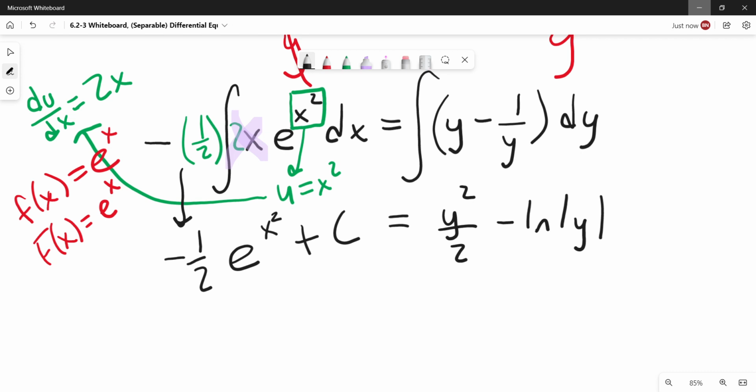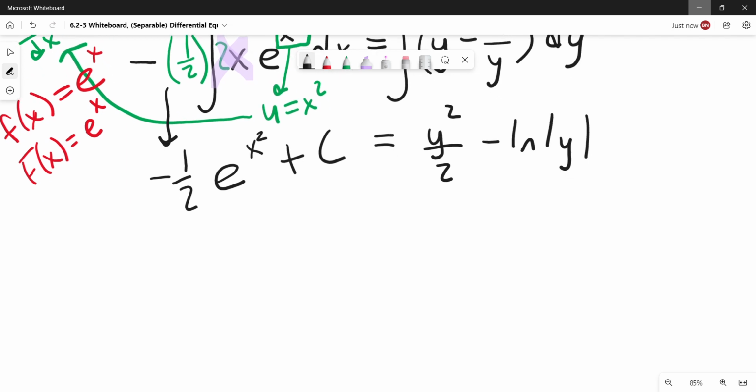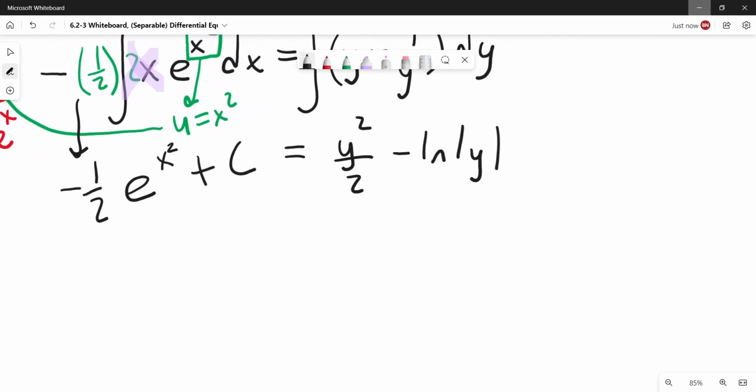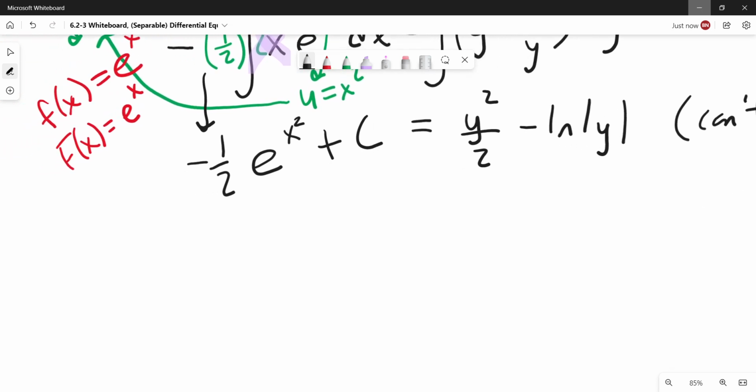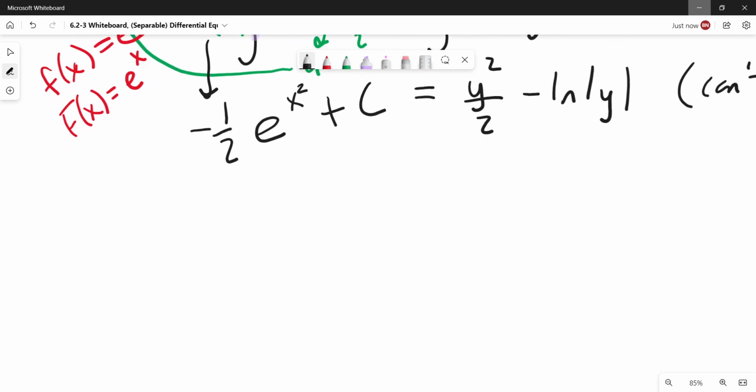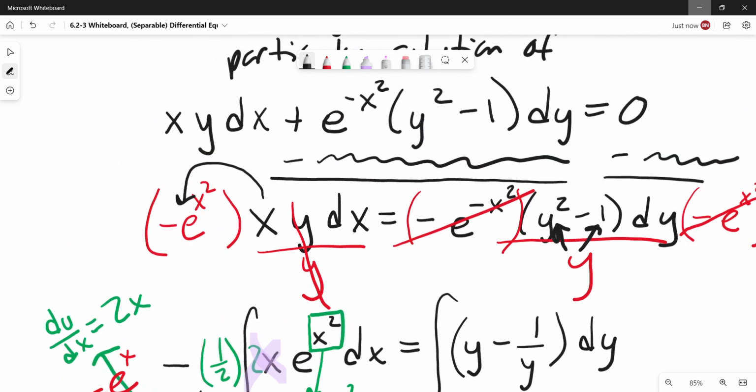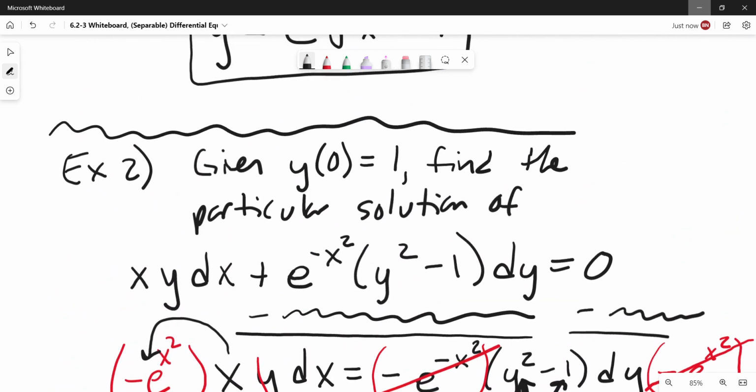You've got a y squared and you've got an ln y. So here we can't. It's just not algebraically feasible. I don't know, maybe some crazy PhD person can do it. I can't. But remember, our whole goal is to find the particular solution given we know the point (0, 1).